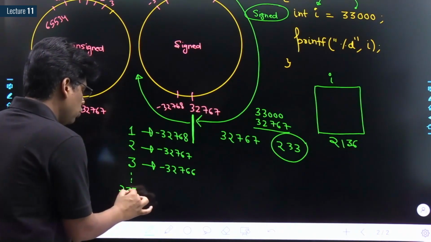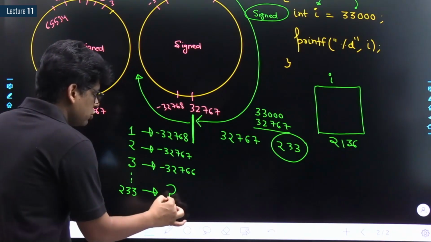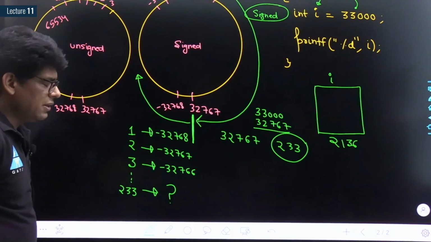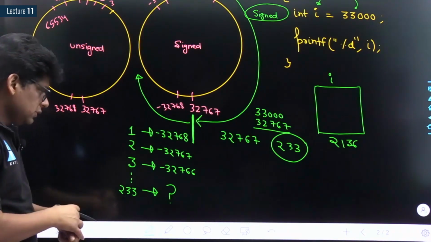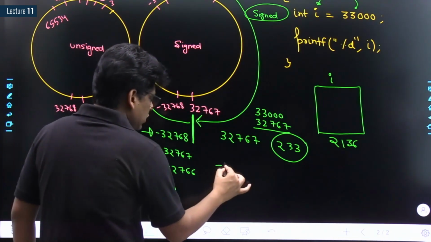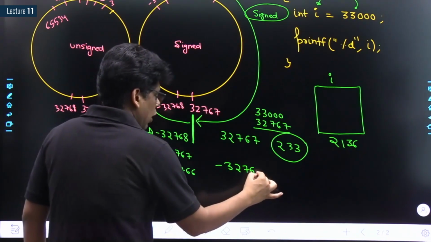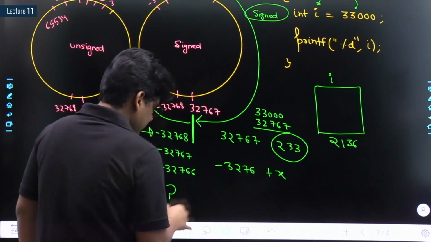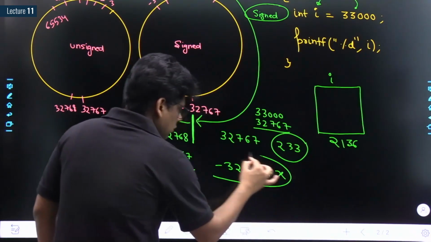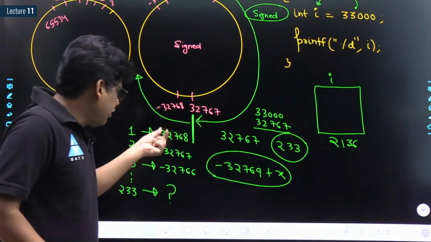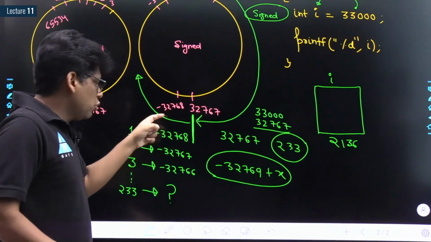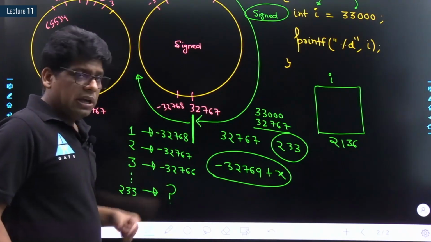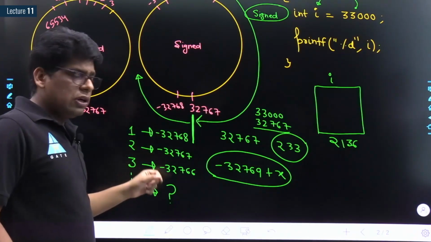Then try to figure it out. What if we count 233 more? What should be the answer? We are simply adding. If we count one more, we get minus 32768 plus 1. If we count 2 more, plus 2.